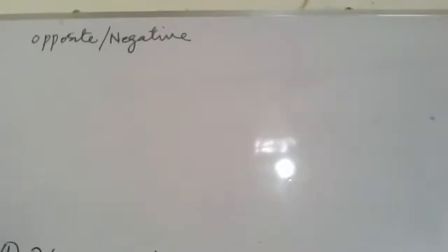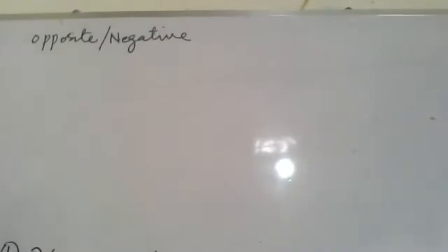So if 2 vectors have the same magnitude but opposite direction, they are called opposite vectors or negative vectors. They must have the same magnitude but opposite direction.